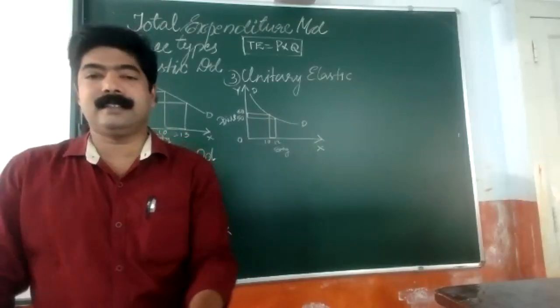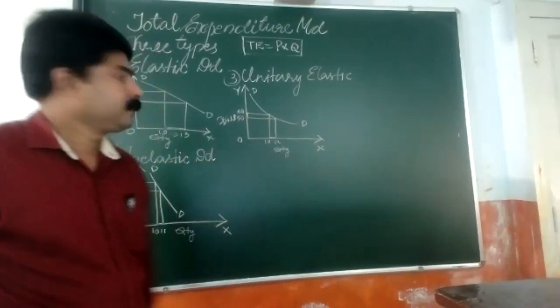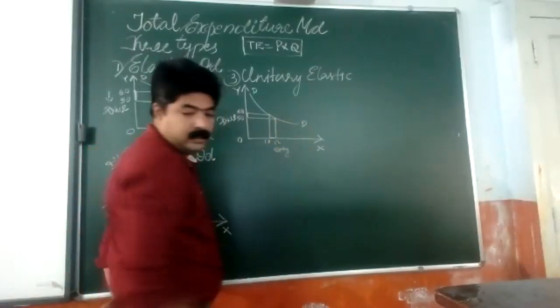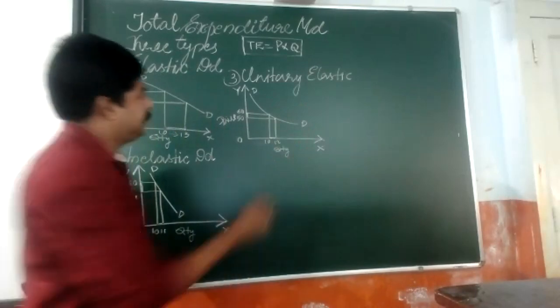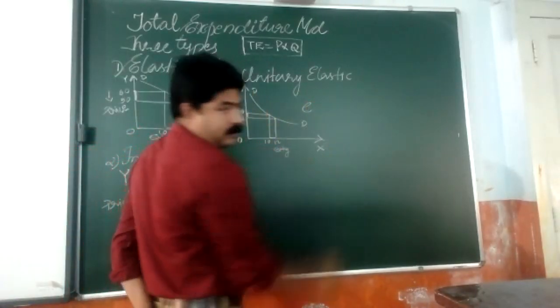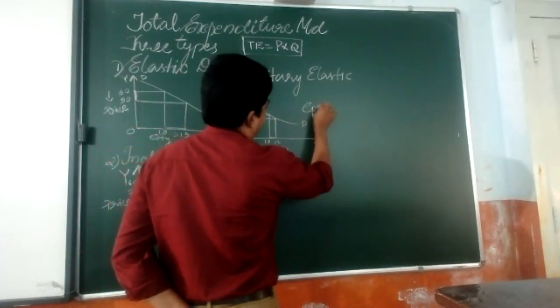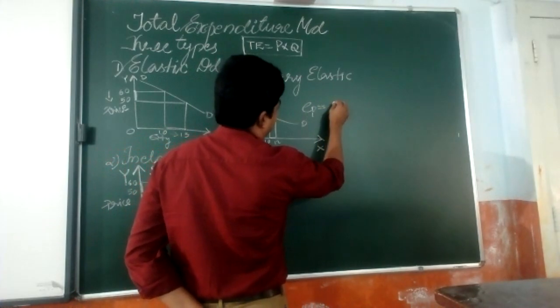So for unitary elastic demand, what will be the value? The value will be equal to 1. In total expenditure, unitary elastic demand is equal to 1.